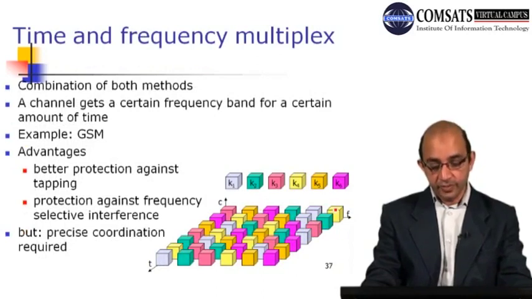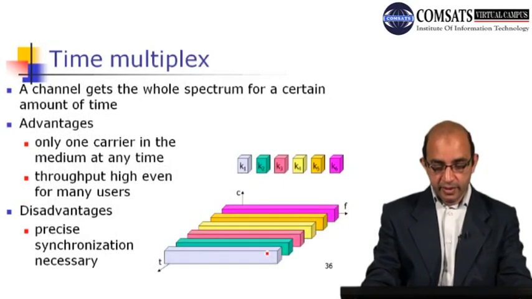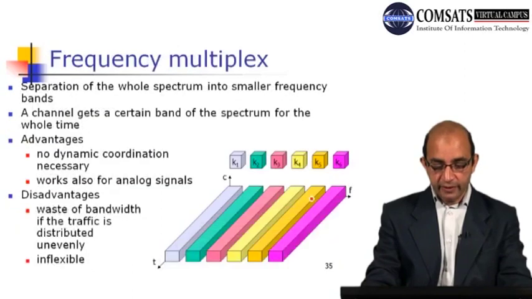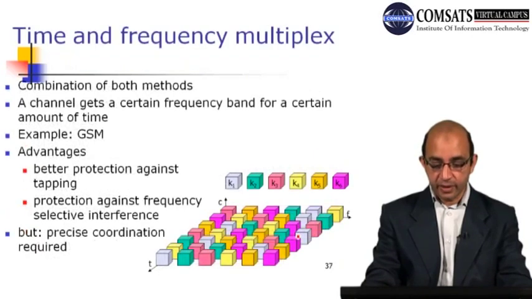So you can see that if I place frequency division and time division one onto the other, and then I cut those different slots, this is the time and frequency multiplex.